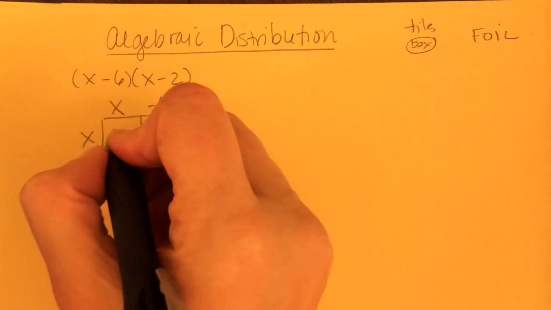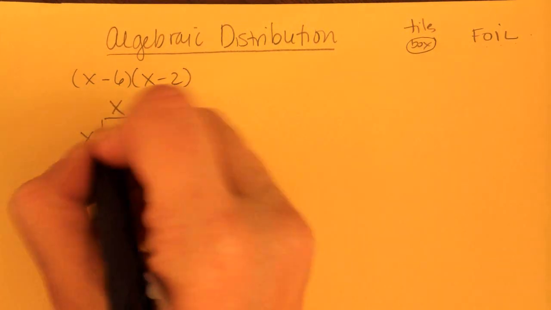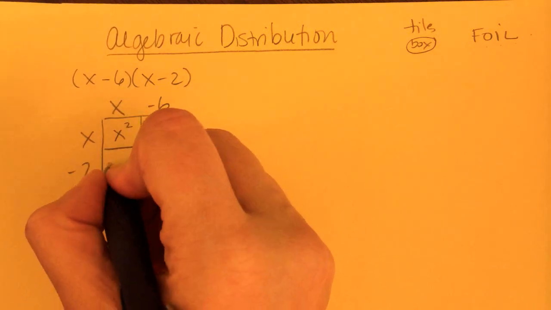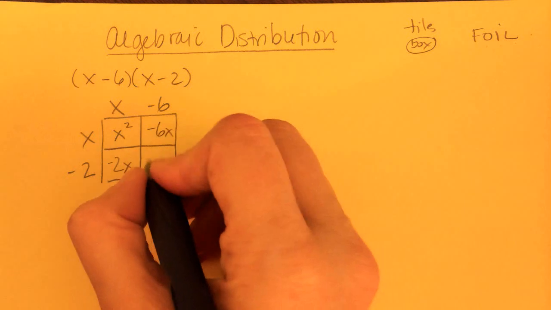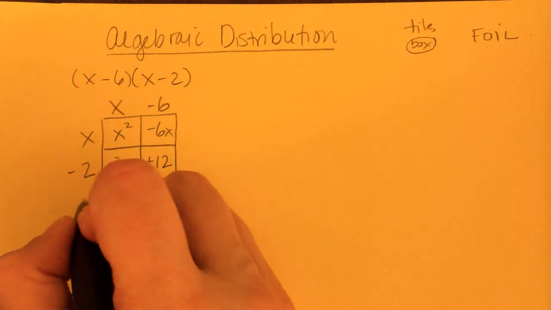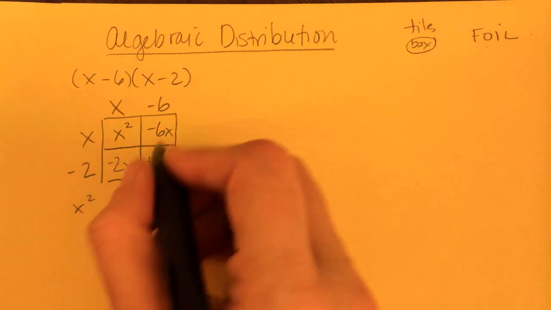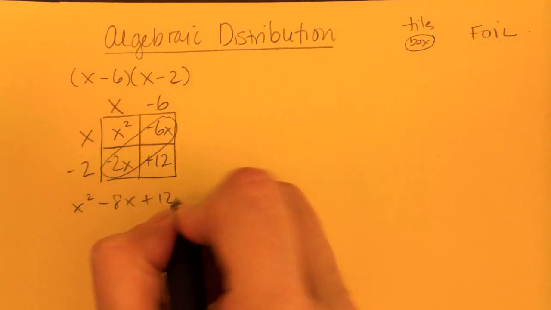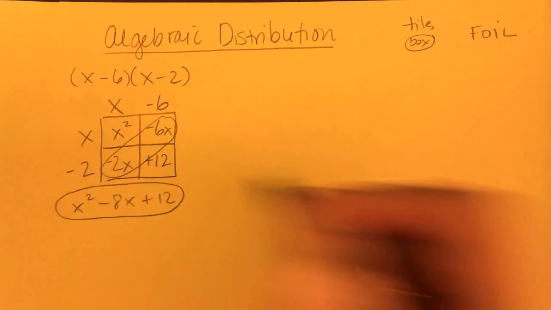So x times x is x squared, negative 6 times x is negative 6x, x times negative 2 is negative 2x, negative 6 times negative 2 is positive 12. And then I would combine them all together. So that gives me x squared minus 8x plus 12.